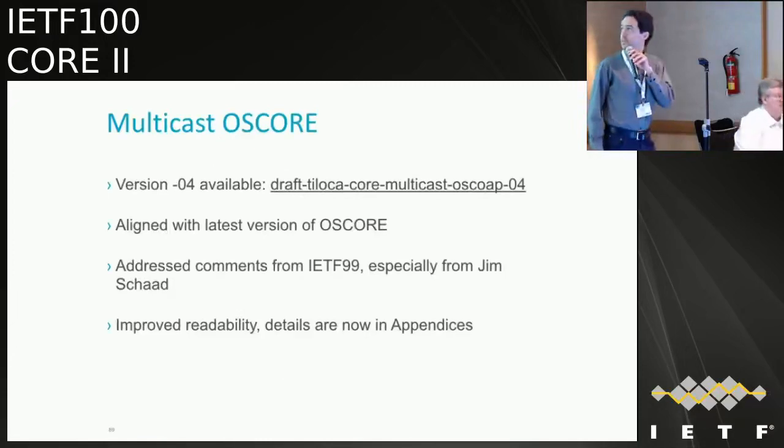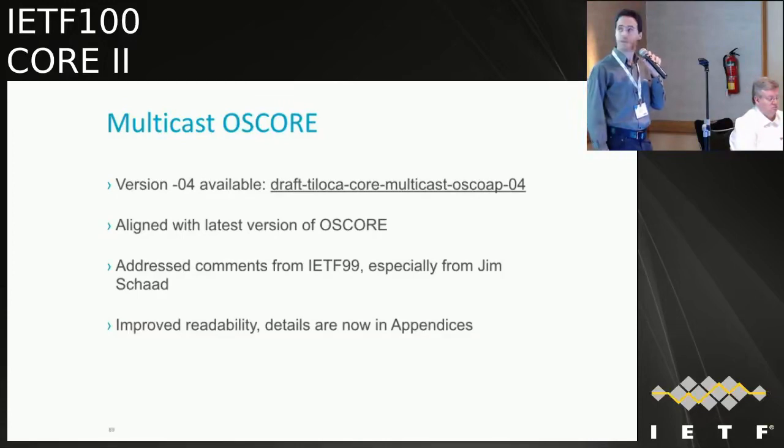Marco: Yeah, thanks, Carsten. Marco, 396. A few updates on this. We have submitted just before cutoff a new version, now version 4. A lot of editorial edits, mostly to improve readability of this document. A lot of details were moved to appendices, especially the initialization of new endpoints, handling provisioning of public keys, and approaches for handling synchronization of sequence numbers when synchronization is thought to be lost.